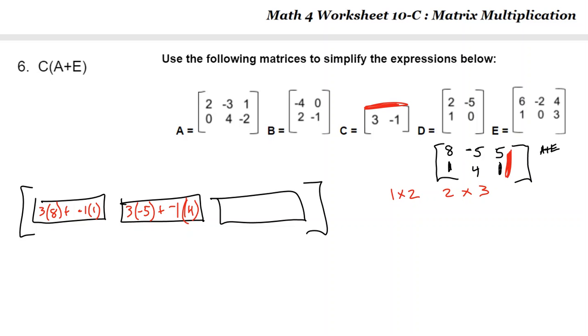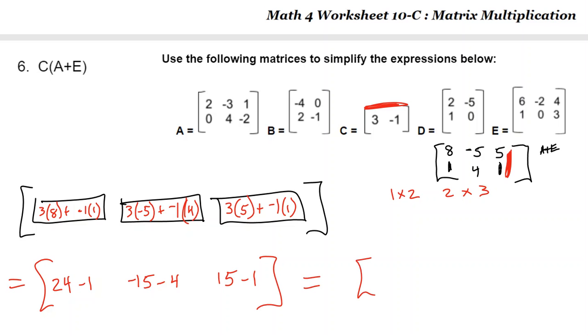And then we're going to do this guy. 3 times 5, negative 1 times 1. And this is going to be 24 minus 1, negative 15 minus 4, and 15 minus 1, which is going to give us 23 and negative 19 and 14.